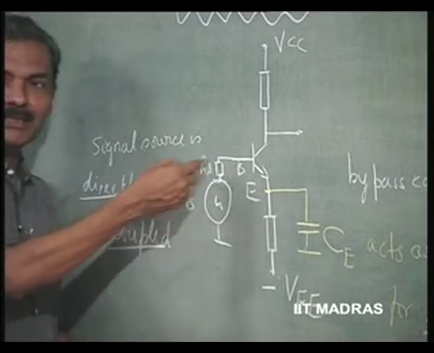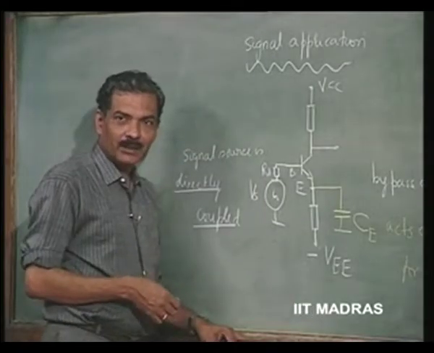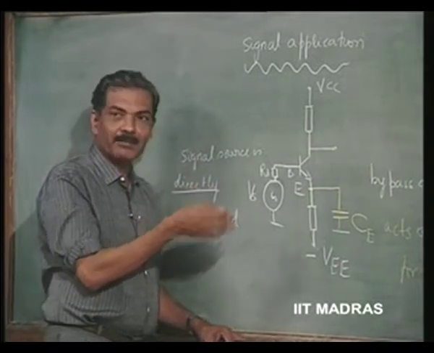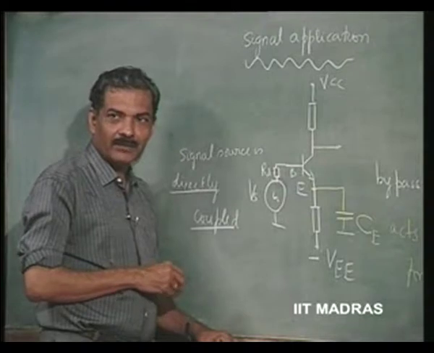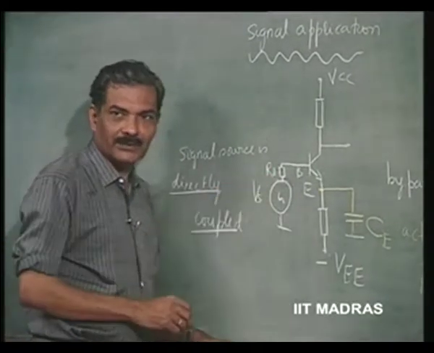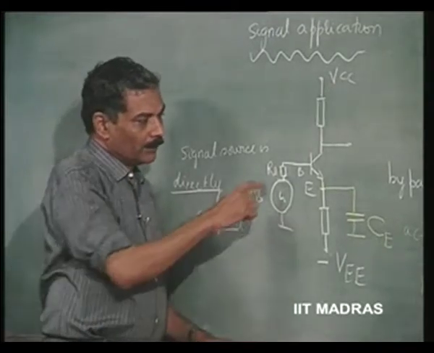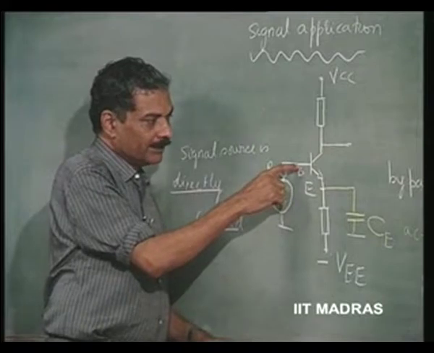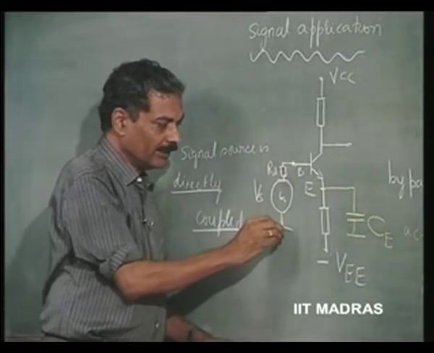Since the base DC current is very small, direct coupling may be allowed, because the source may tolerate that small amount of DC current flowing through it. Then I can directly couple the source. So, base is connected to one end of the source, the other end of the source is grounded.